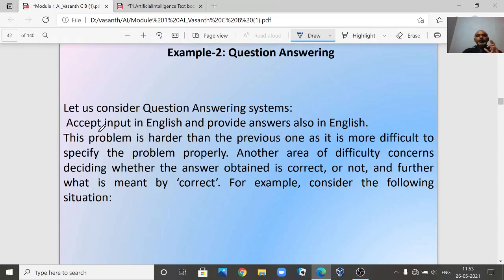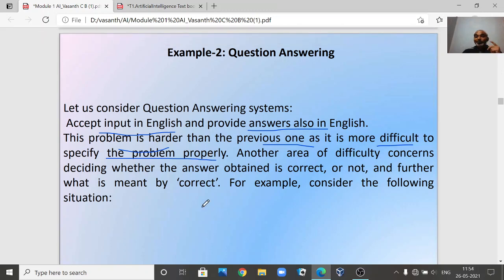So now let us consider this particular problem. What does it say? Accept input in English. We have one paragraph, we accept the input in English and provide the answer also in English. Whatever questions are there, we have to answer. This problem is slightly harder than the previous one, as it is more difficult to specify the problem properly. Here we have to understand English.